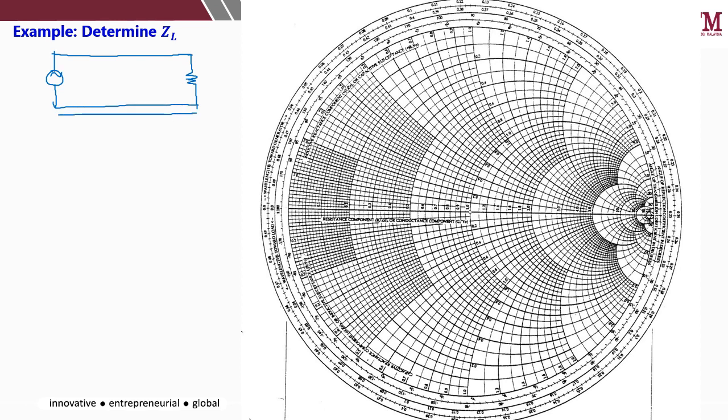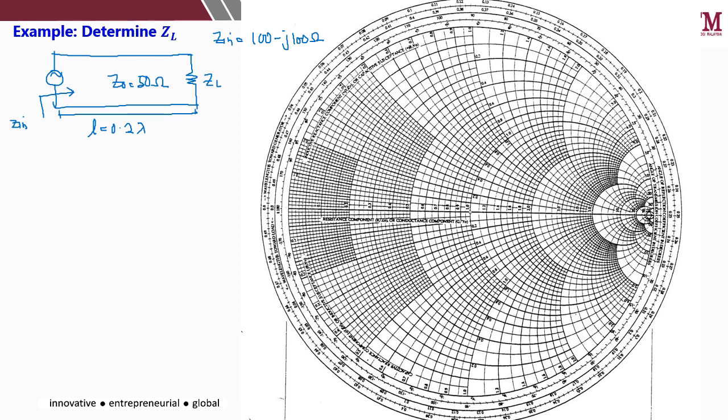So given the length is 0.2 lambda, and ZL you are yet to know, Z0 given as 50 ohm, and Z-in in this case is known. So given Z-in equal to 100 minus J100 ohm.